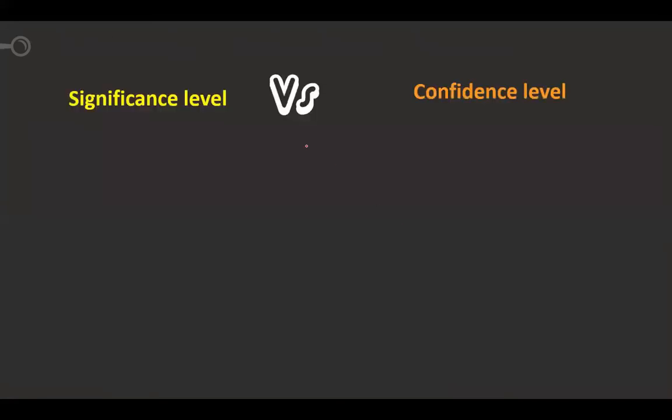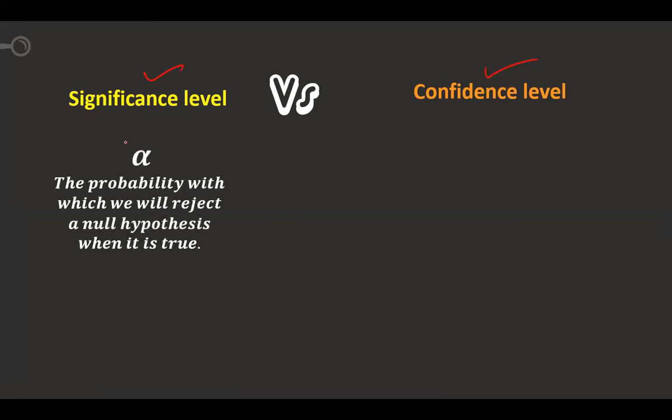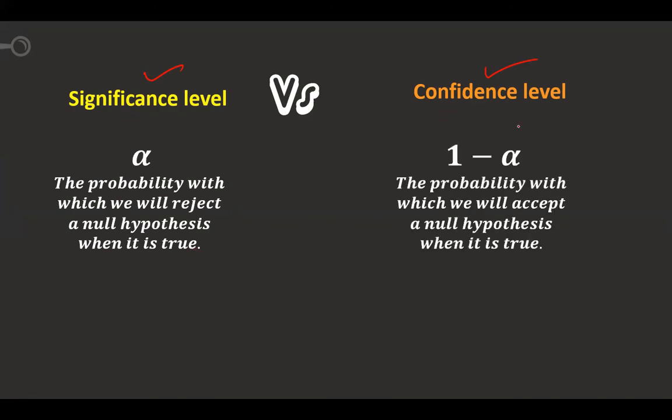So what are all the terminologies we have to remember here? We should know what is called a significance level, what is called a confidence level. Significance level is alpha. I told you it's the probability with which we'll reject the null hypothesis when it is true. Confidence level is 1 minus alpha. Suppose alpha is equal to 0.05, that is a 5% level of significance.